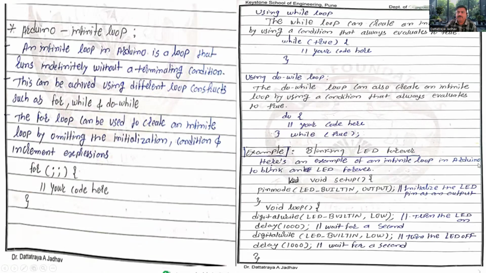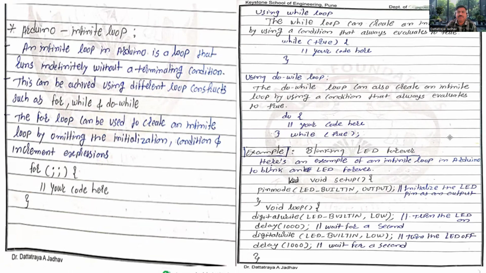there is one important concept related to Arduino: the infinite loop. An infinite loop is continuously executing, or some tasks need to be repeated again and again, either until they satisfy some condition or continuously.